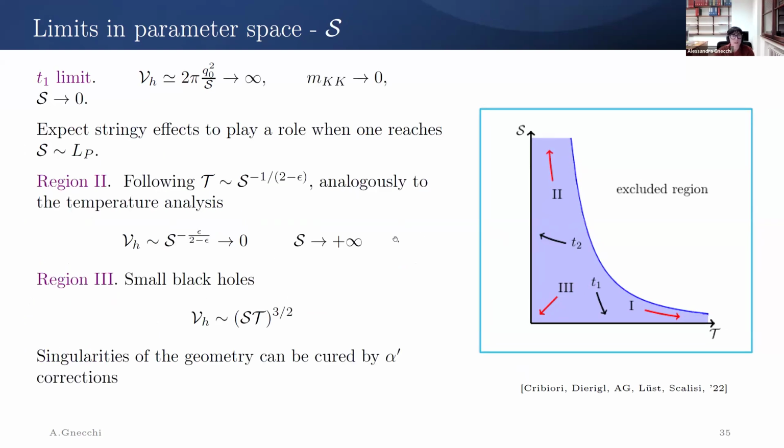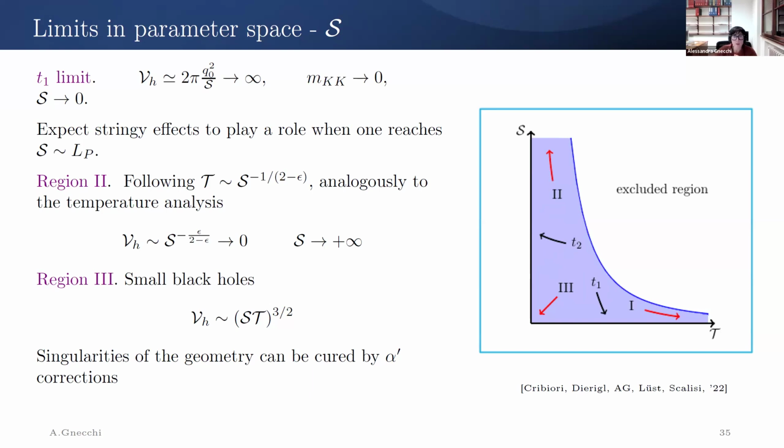Okay. For a different limit, just for completeness, I can do the same thing by looking at what happens when varying the entropy. Analogously, there is a region where the Kaluza-Klein modes become light. And what happens when the entropy goes to zero, however, is that the horizon of the black hole is becoming small.